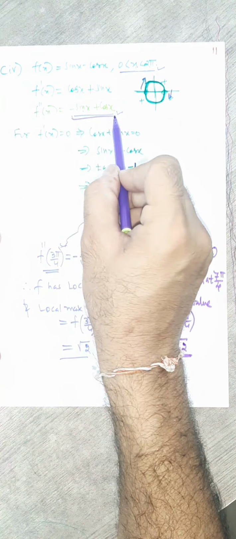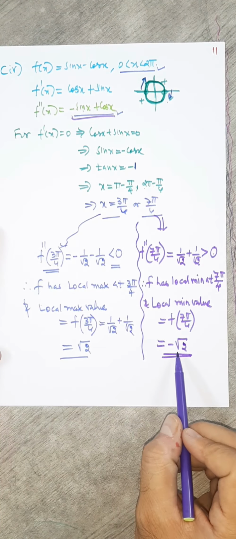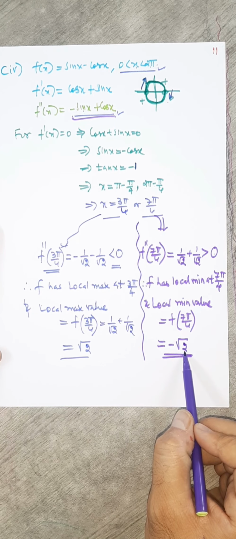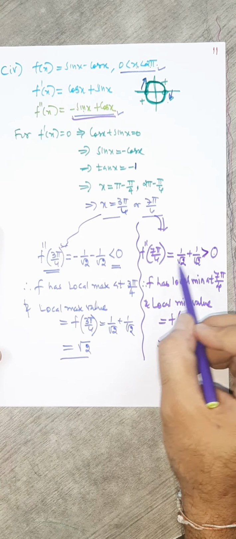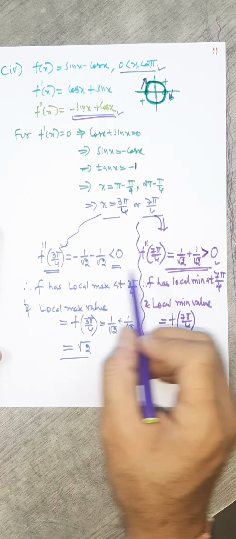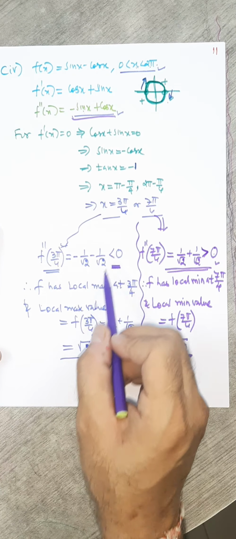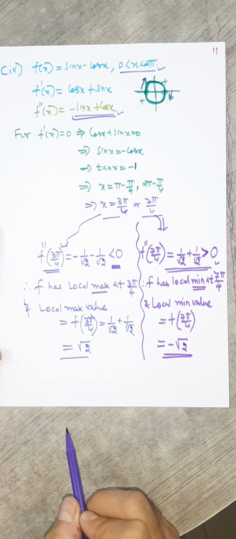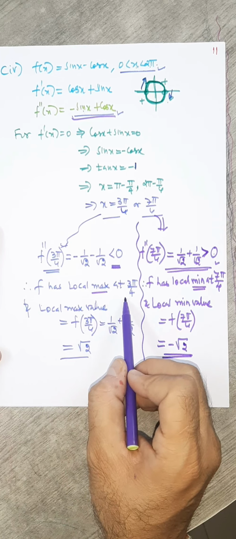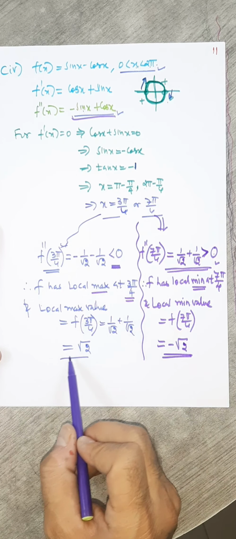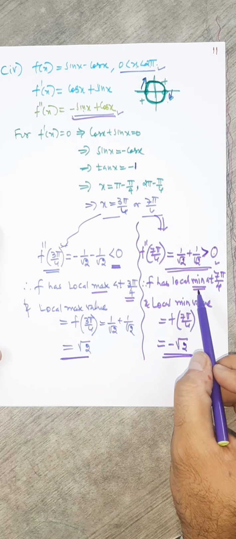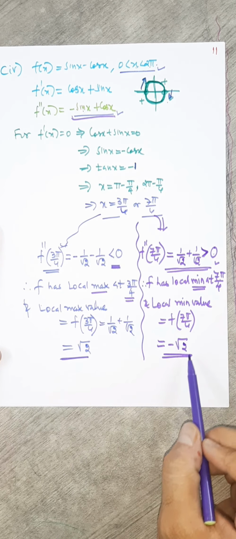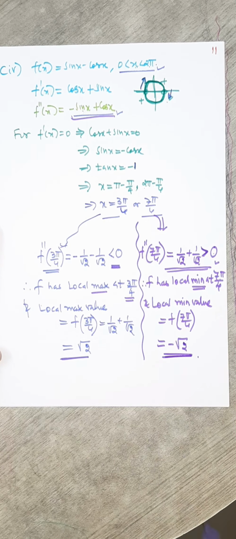This double derivative you are going to put here. So minus root 2. So local minimum value is minus root 2 because here double derivative is positive, your double derivative is negative. Negative then maximum, positive then minimum. Fine? At 3 pi by 4 it has a local maximum, maximum value is root 2. At 7 pi by 4 it has a local minimum and that value is minus root 2.